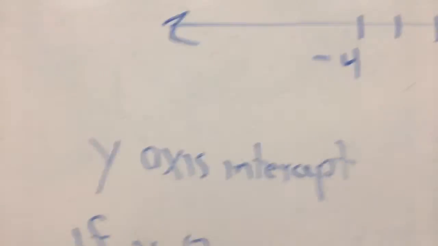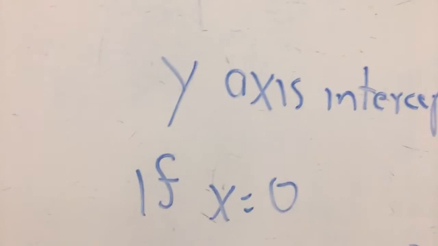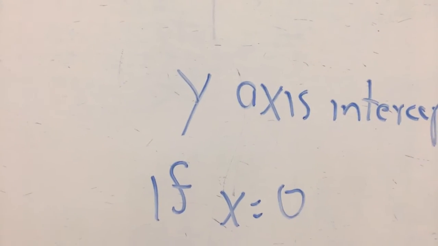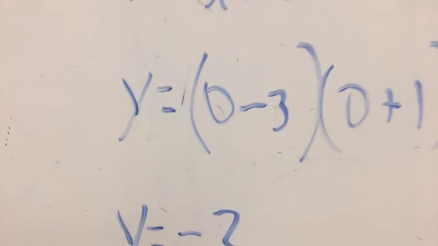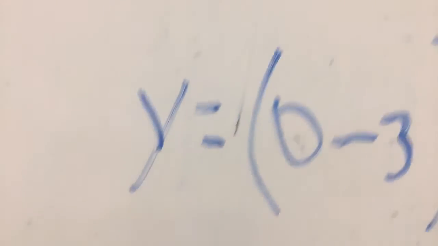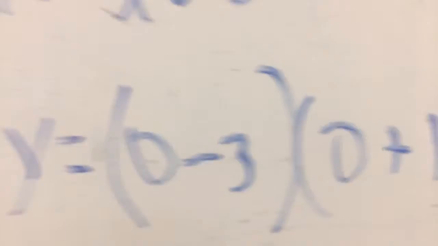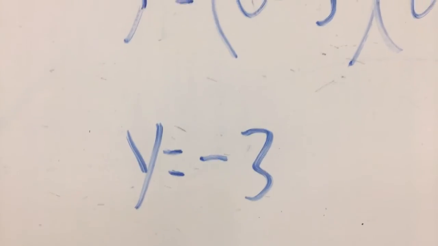Now you see that point right there? That's the y-axis intercept. How do you find that? Well, the y-axis intercept, if x is equal to 0, because every point on the y-axis has an x value of 0, if you take that 0 and you put it right there and put it right there, you will find that y is equal to -3.